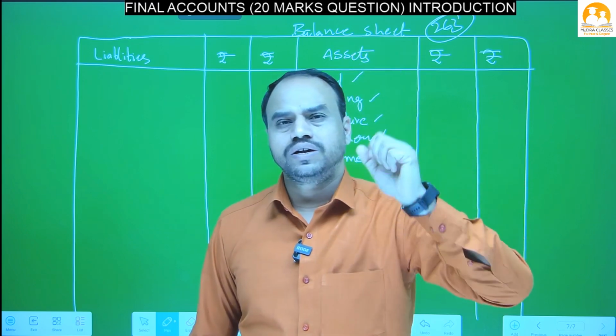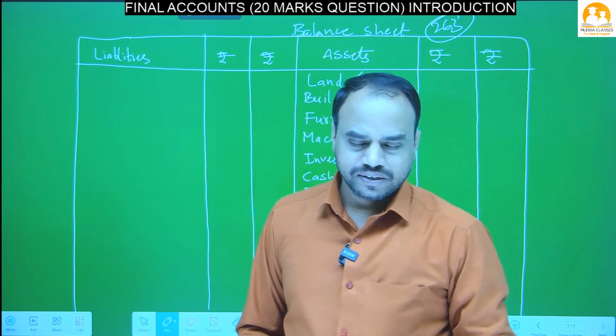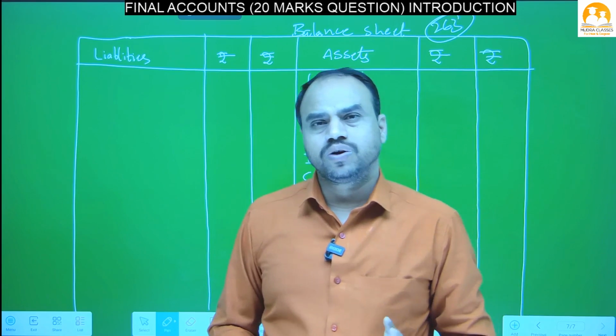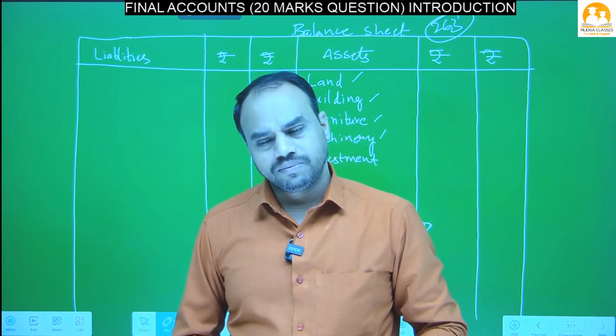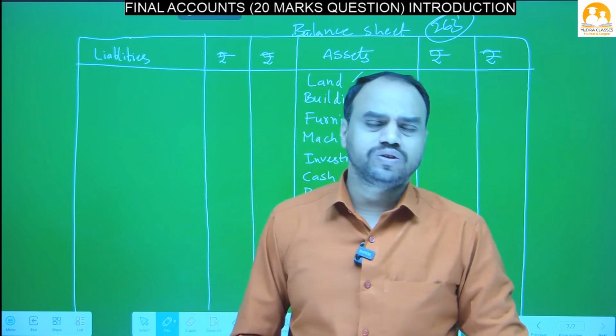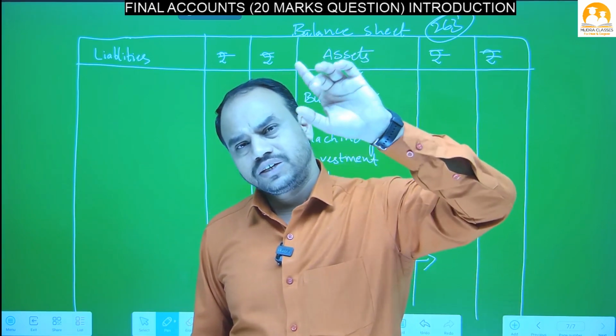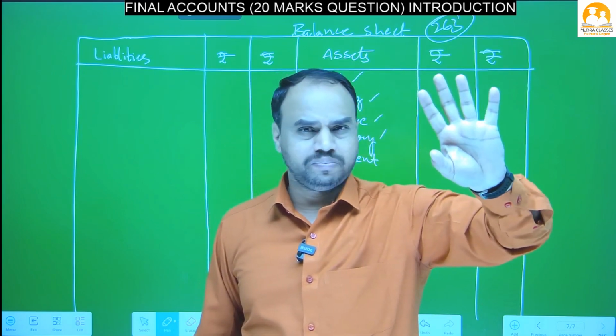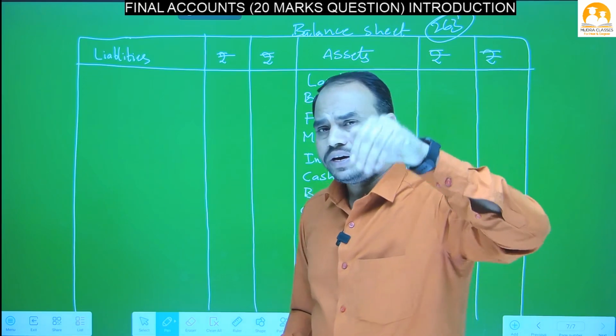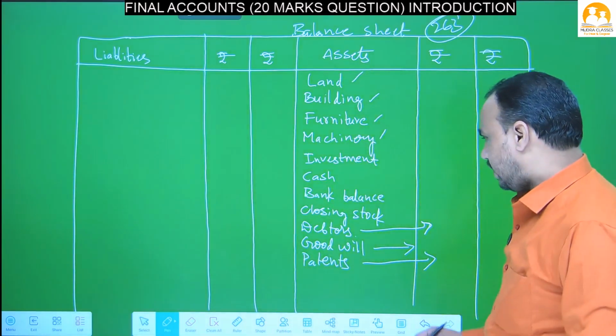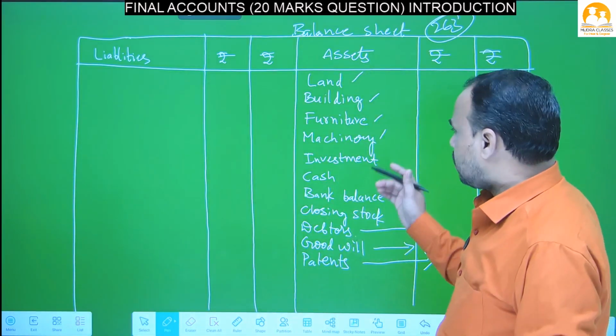Only the person who produced it has the right to produce that product, no other person. That right the government gives is called patents right. So these are the assets.